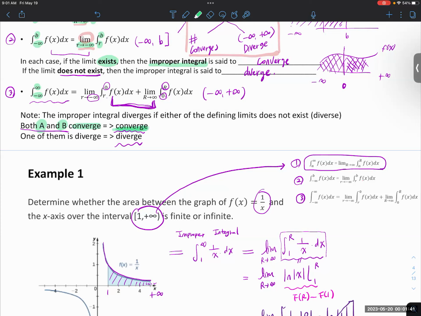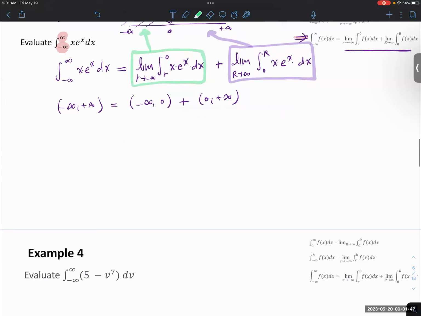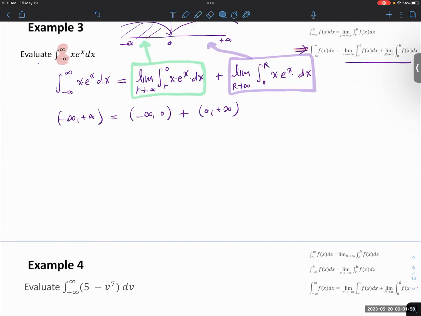Then it's going to be a convergent answer. But if one of them diverges, automatically the answer will be divergent. So we're going to check one of them. If it turns out to diverge, automatically it's going to diverge. So we're going to do step-by-step work.